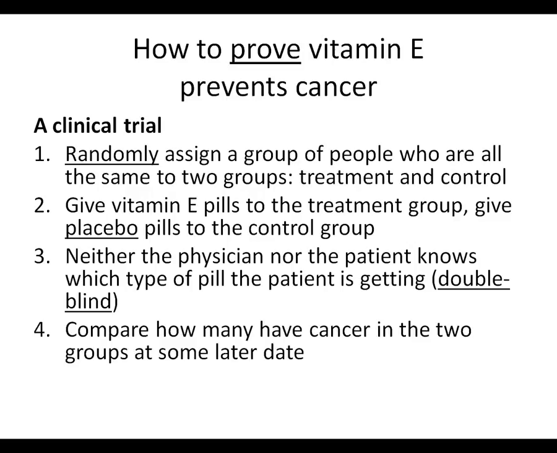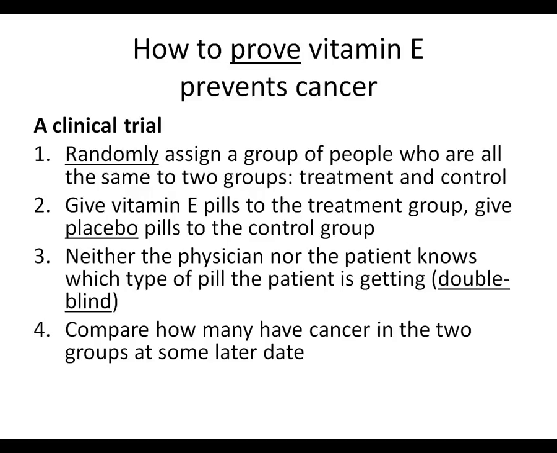Then what you would do is wait for as long as it takes for people naturally to come down with cancer, which is 10 years, 15 years, something like that. And then you would count the number of people in the two groups who have cancer and compare them.